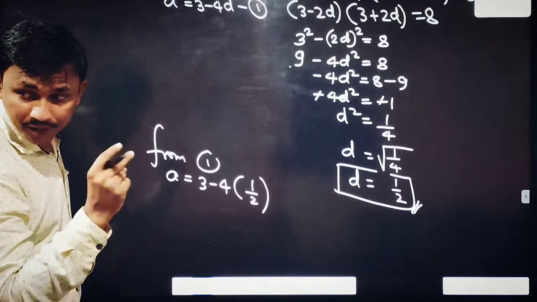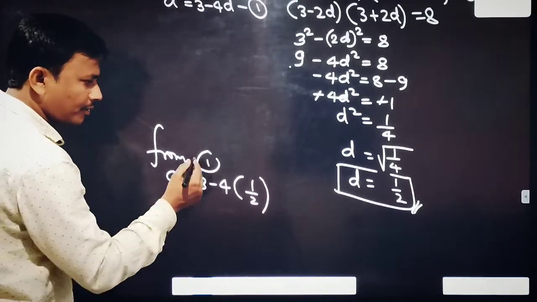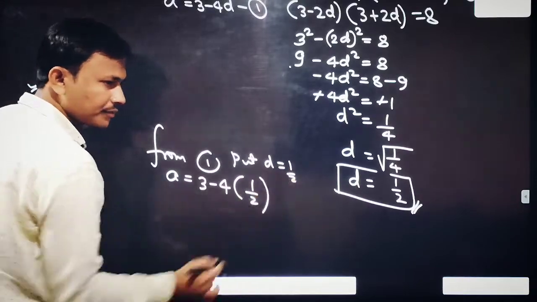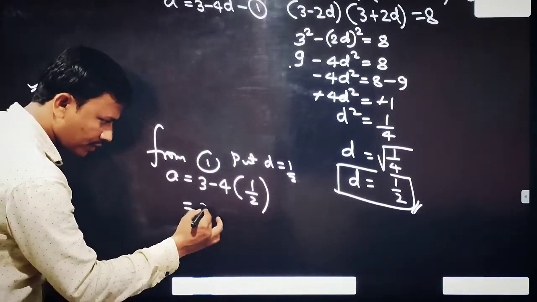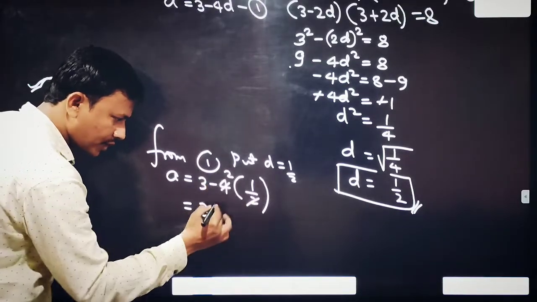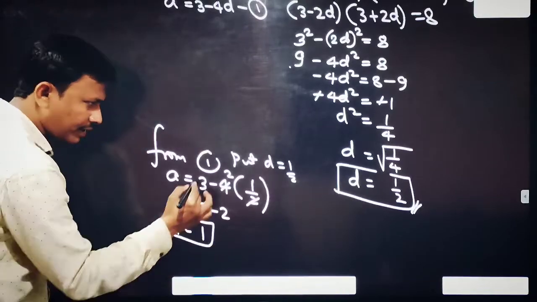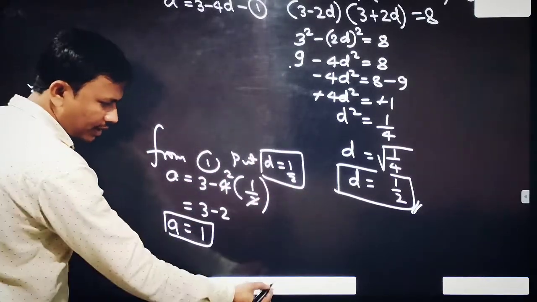We will get 2 D values and 2 A values. From equation number 1, put D is equal to 1 by 2 first, then minus 1 by 2. A is equal to 3 minus 4 into 1 by 2. 2 ones are 2, 2 twos are 4. This is equal to 1. When D is equal to 1 by 2, A is equal to 1.